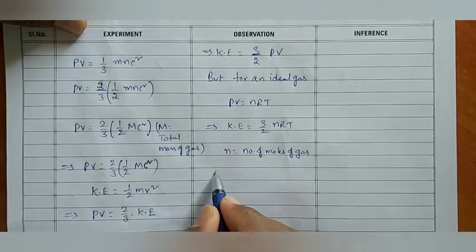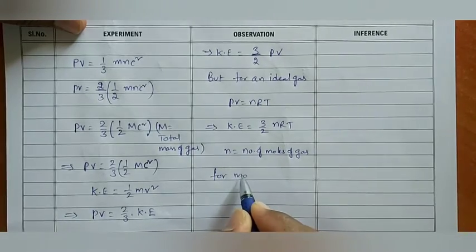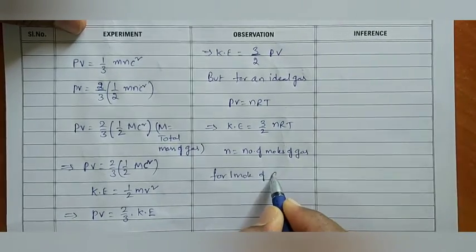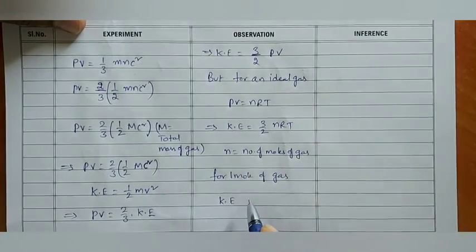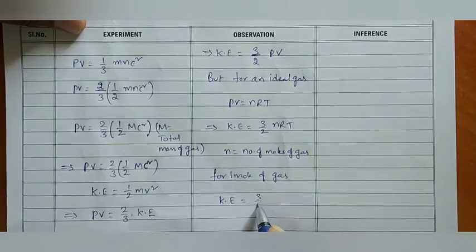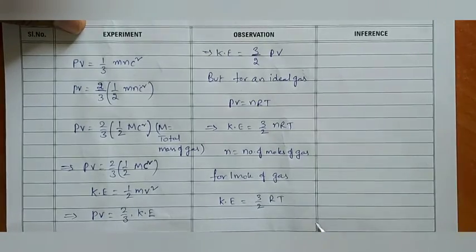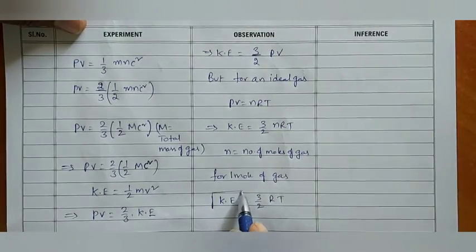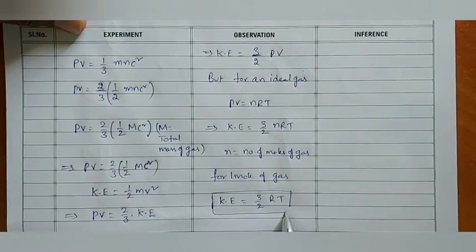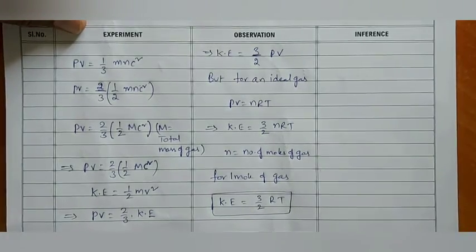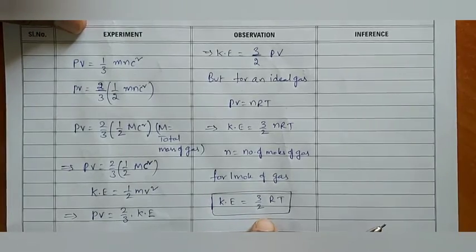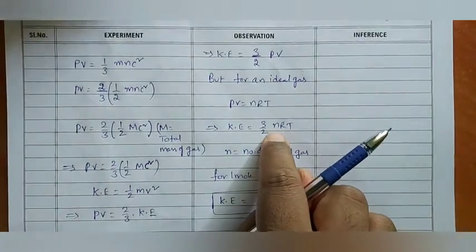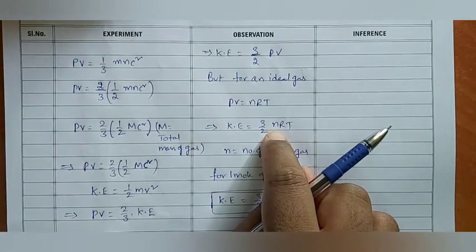Next, for 1 mole of gas, this kinetic energy will become kinetic energy is equal to 3 by 2 RT. This is for 1 mole of gas, because n is equal to number of moles here.